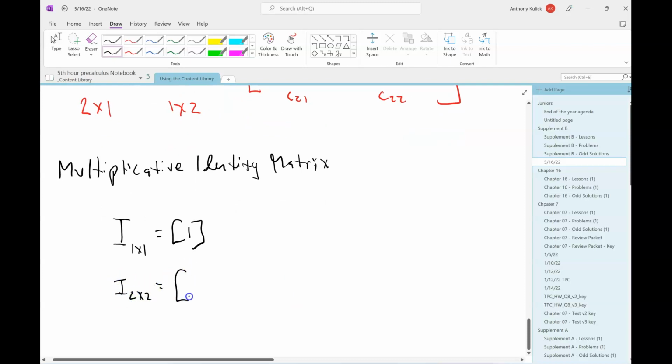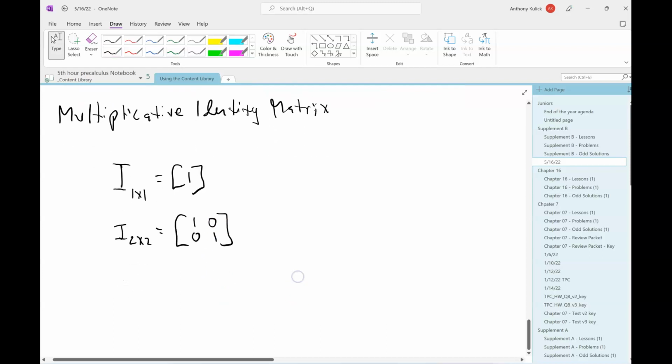For a 2 by 2, it's going to look like that. For a 3 by 3, looks like that.